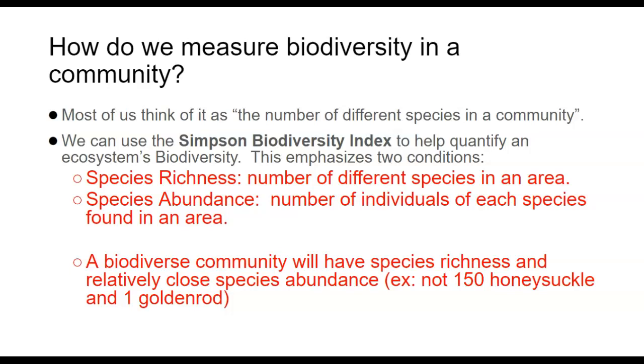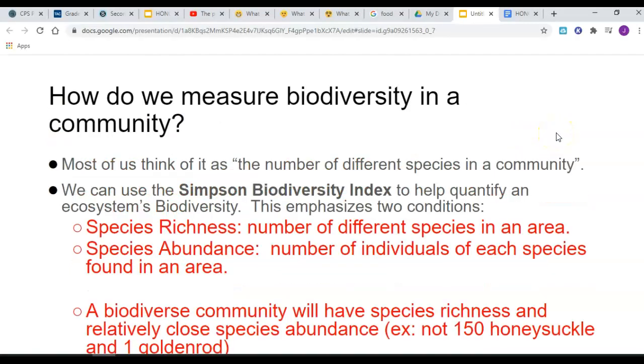So you might look at a community here in our town and talk about how many honeysuckle plants there are versus how many goldenrods there are. And that's exactly what we are trying to do with our experiment in honors biology this week. So let's go back and look at the example I gave to you in your notes.